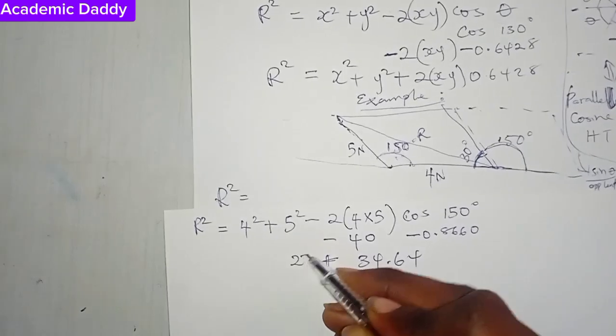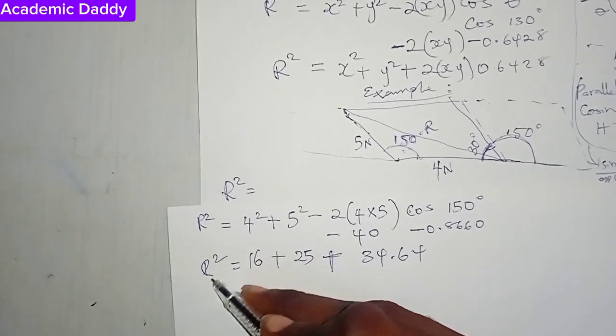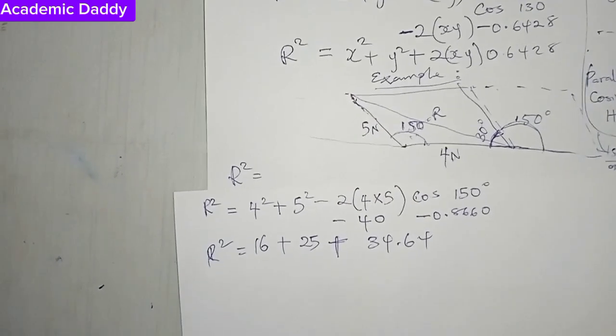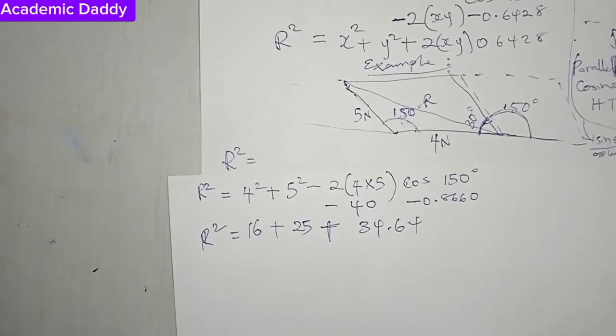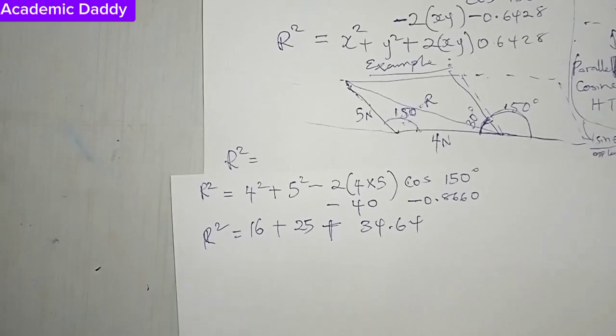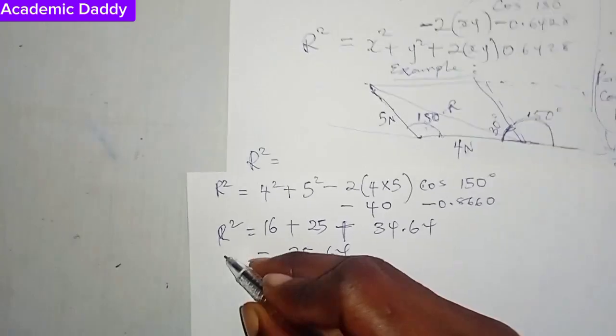So 5 square is 25. 4 square is 16. This will be 16 plus 25 plus 34.64, which is 75.64 for r square.